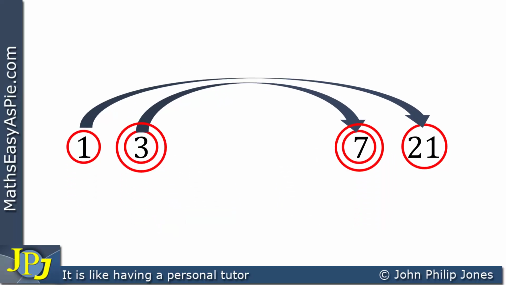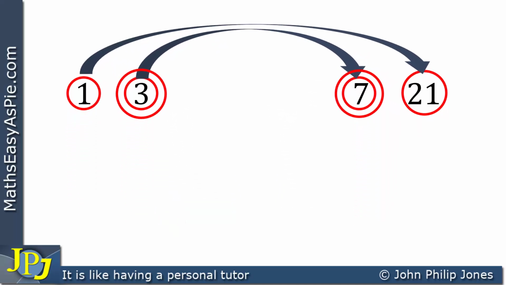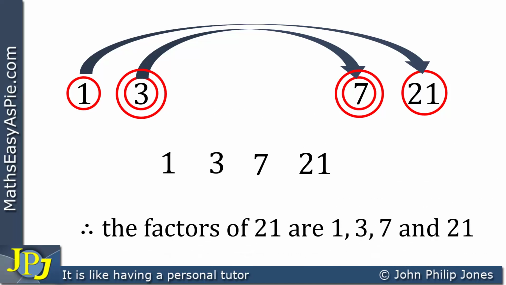So I'll move this to the top here, and we can see that if I've got the two factor pairs, 1, 3, 7 and 21 are the factors, so I will bring them out, put them side by side, so we can say that the factors of 21 are 1, 3, 7 and 21. And we found these factors by finding the factor pairs. Therefore, we can go on to say the factors of 21 are 1, 3, 7 and 21.